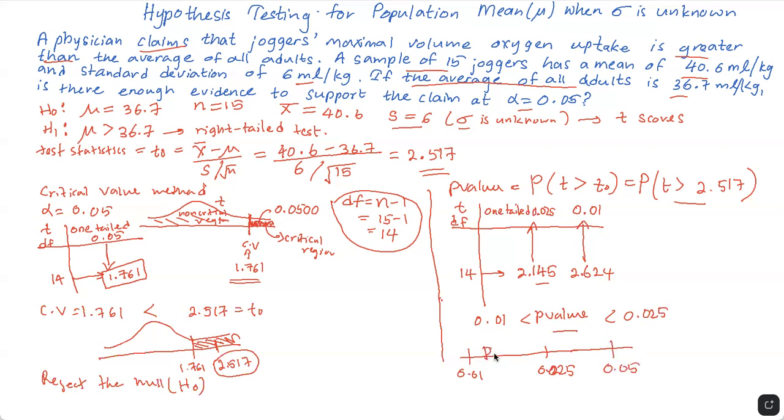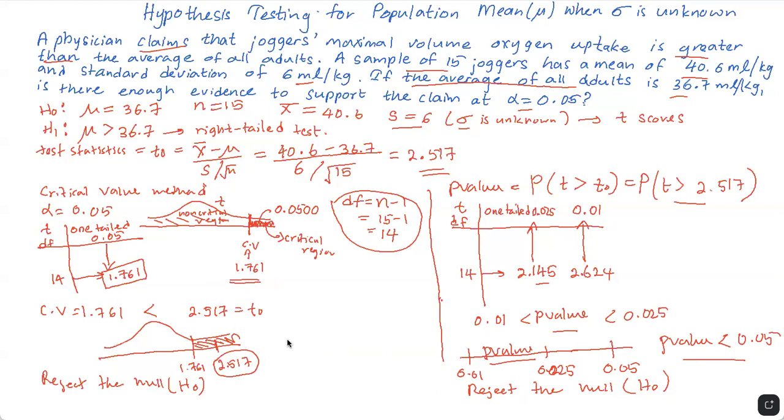So this range represents the p-value, right? As you can see, your p-value is less than 0.05, right? So therefore, reject the null, reject H0.